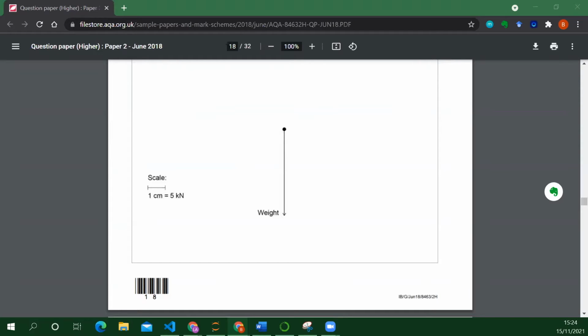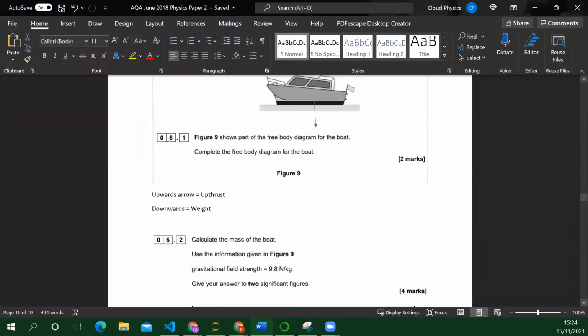So it's 5, so 5 times 5. Okay, so that's 5 centimetres. So you have to actually get a ruler and measure that in an exam.